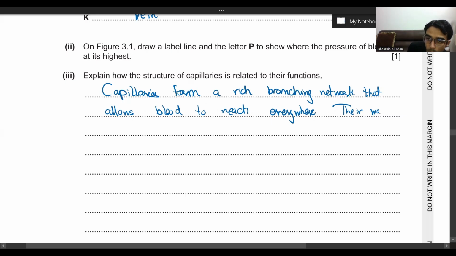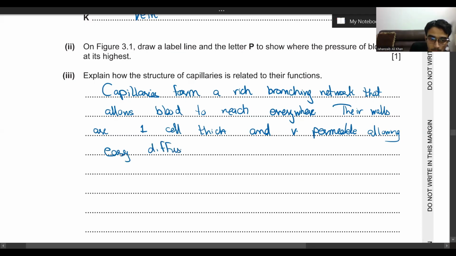The walls are one cell thick and they're highly permeable, allowing easy diffusion of oxygen and nutrients such as, let's say, glucose, right?